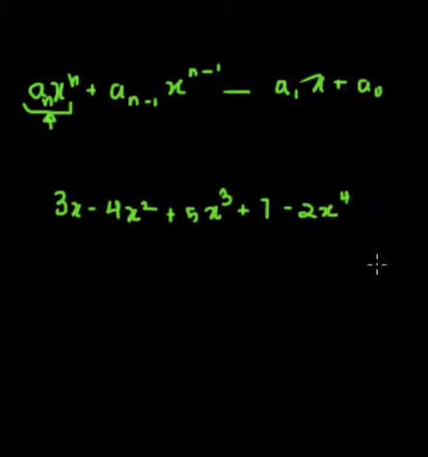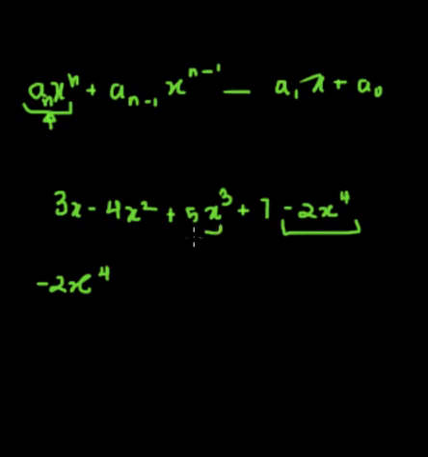In this case, the term with the highest degree is minus 2x to the power of 4. So that's what we're going to be writing first: minus 2x to the power of 4.